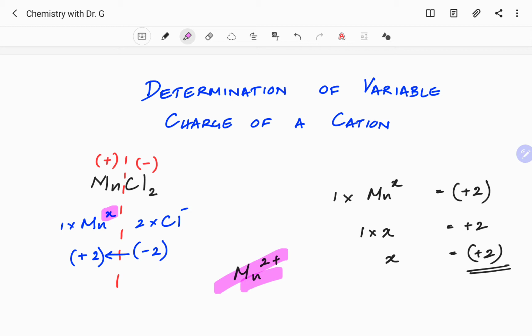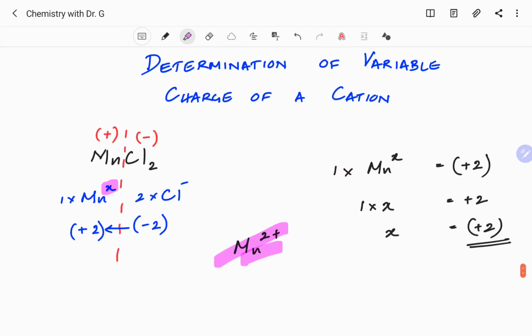So let's learn how to write the name of this ionic compound, okay. So usually when you are naming ionic compounds, you write the metal cation name, you leave a space, and you write the anion name, right? But when you have a metal with a variable charge, you write the metal cation name, in this case manganese.